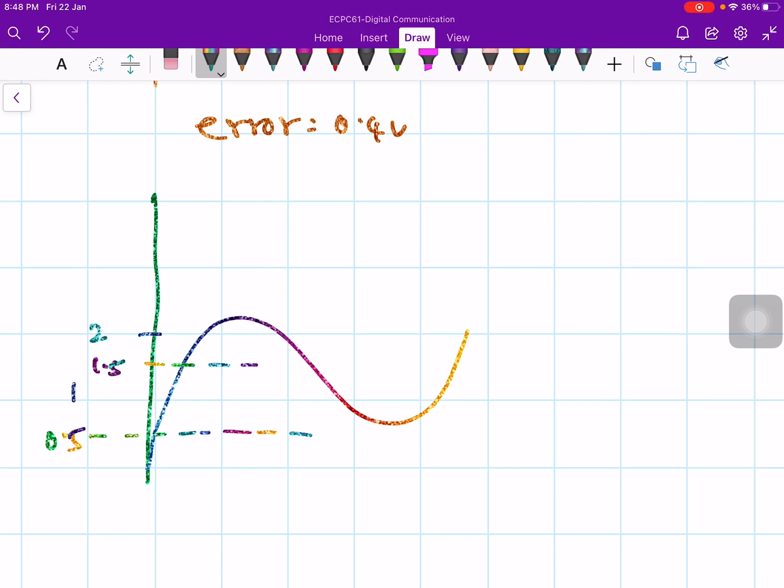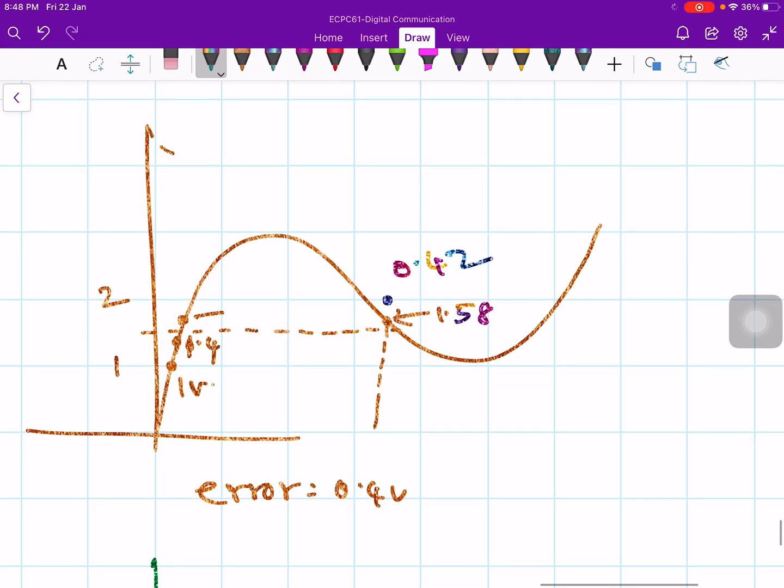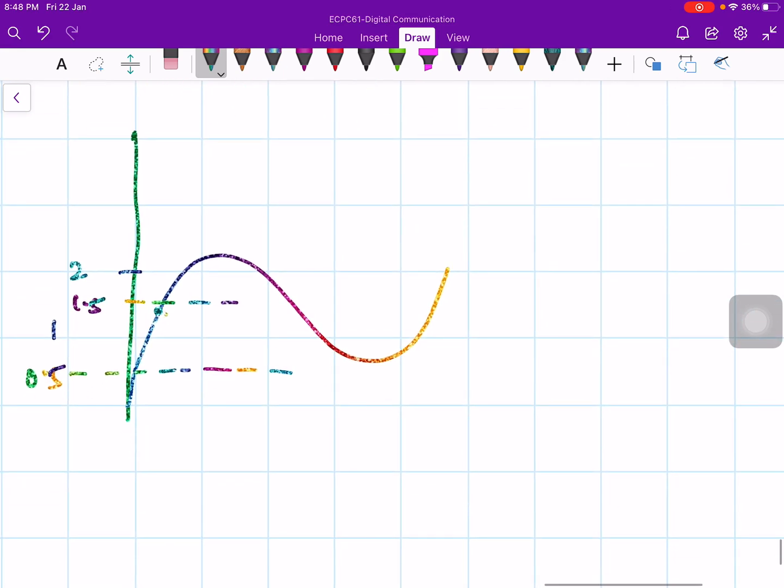Now what did I say previously? Yeah, 0.4. Let's say this is 1.4 volts. This 1.4 will be rounded to 1.5 volts. Now the error is 0.1 volts, right?